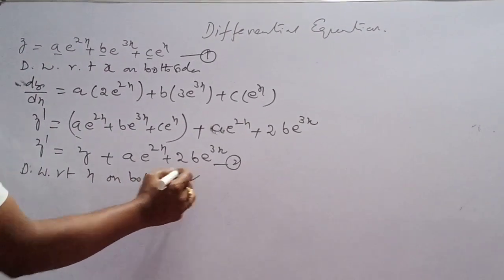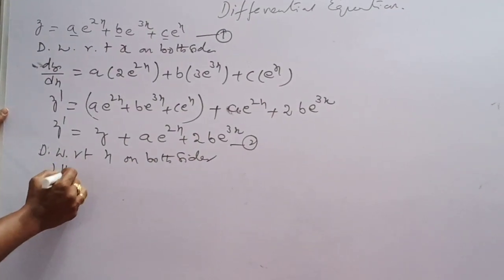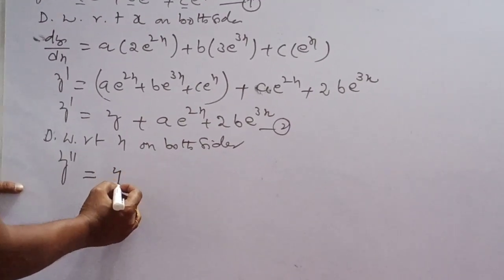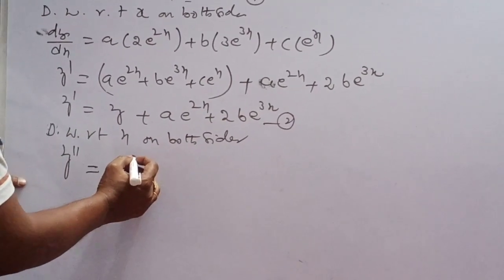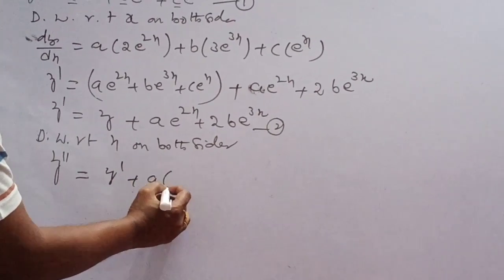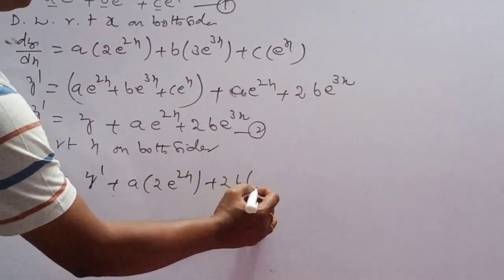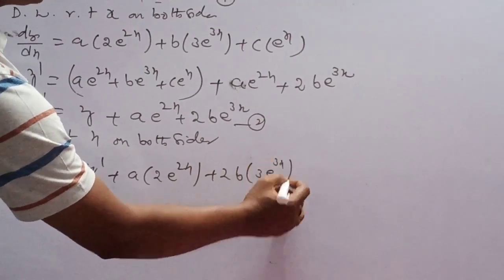Clear? So again, y'' equals y' plus a into 2 e^(2x) plus 2b into 3 e^(3x).